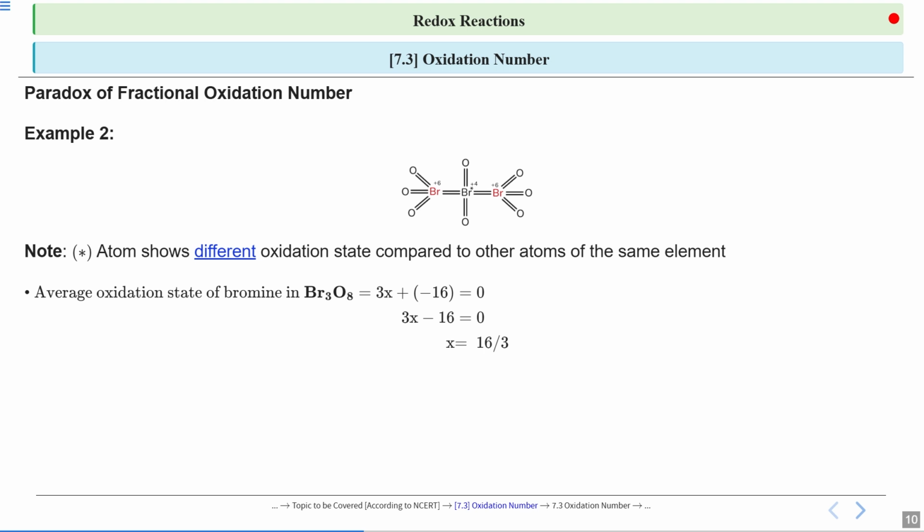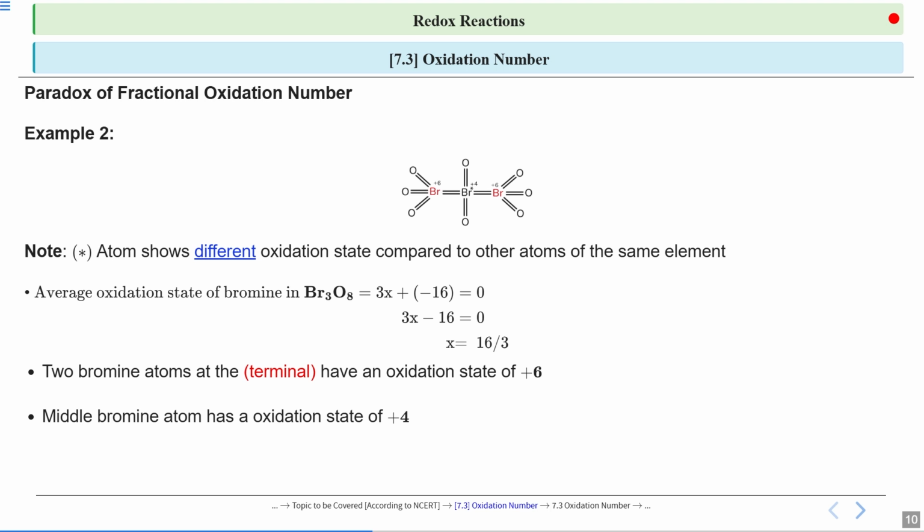Again, we have found that the oxidation state for bromine is 16/3, which is the average oxidation state, but bromine exists in +6 and +4 in the compound. If we look at the compound, the 2 bromine atoms at the terminals have an oxidation state of +6, while the middle bromine has an oxidation state of +4.